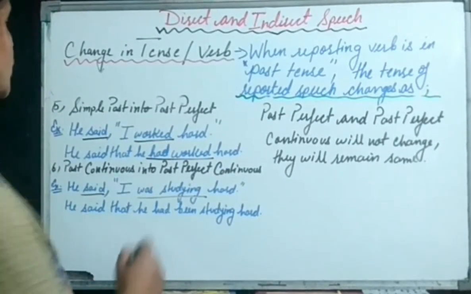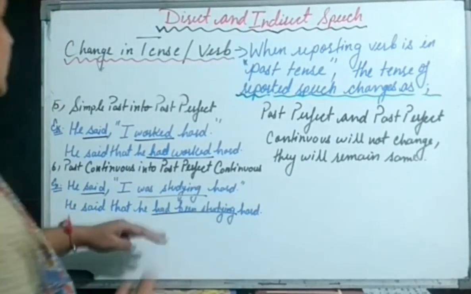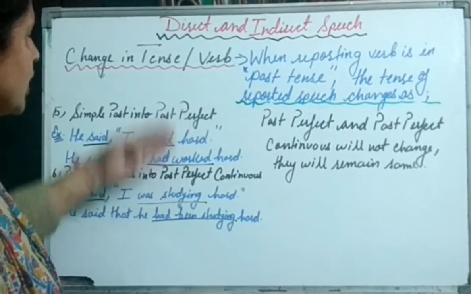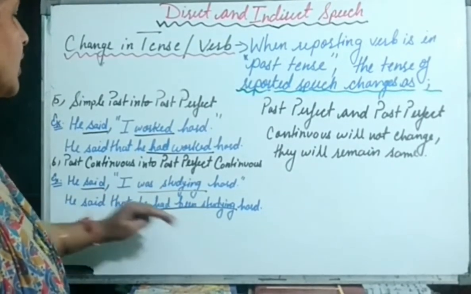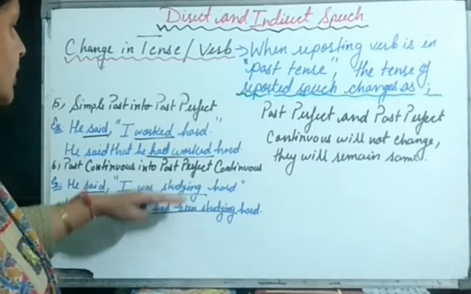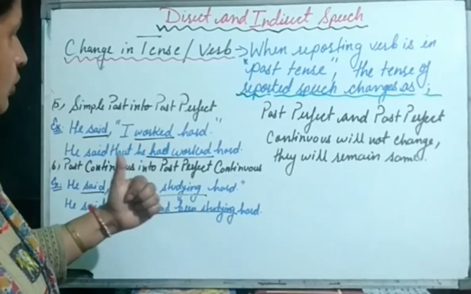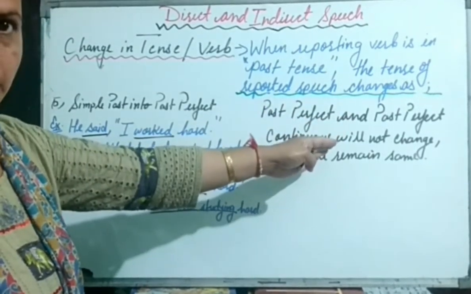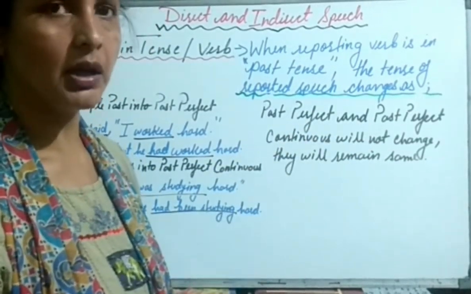We have changed this "was studying" into "had been studying", which is past perfect continuous. Now you may be thinking, what about past perfect and past perfect continuous? They will not change, they will remain the same.